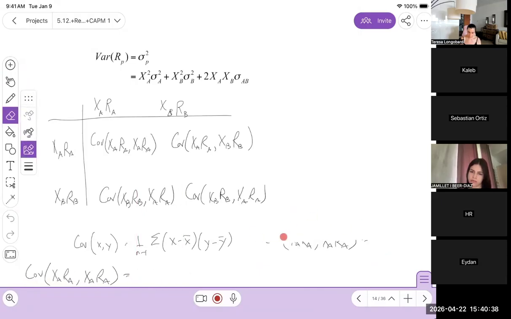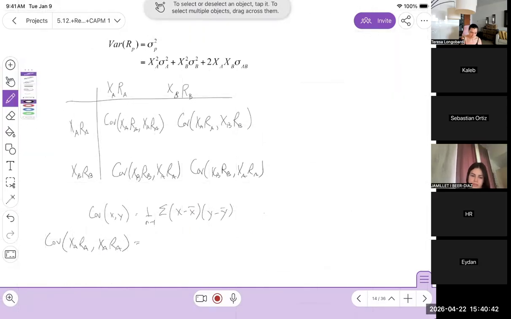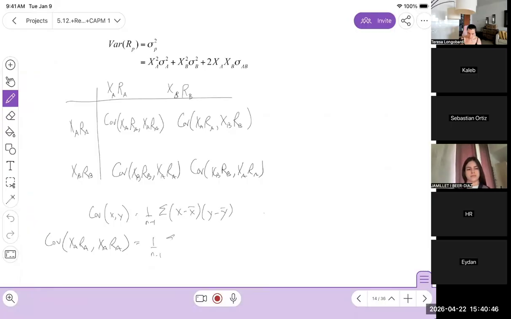So what does it look like? It's going to be 1 over n minus 1. So the first one is x. So it's going to be XA. So x here is a variable, but x here is a weight. Okay, so XA is the weight.